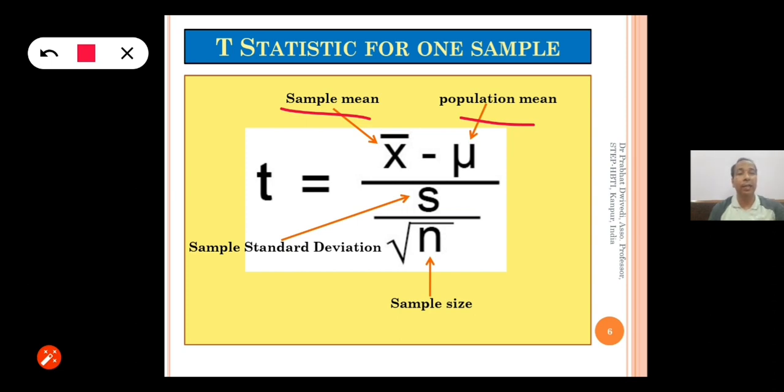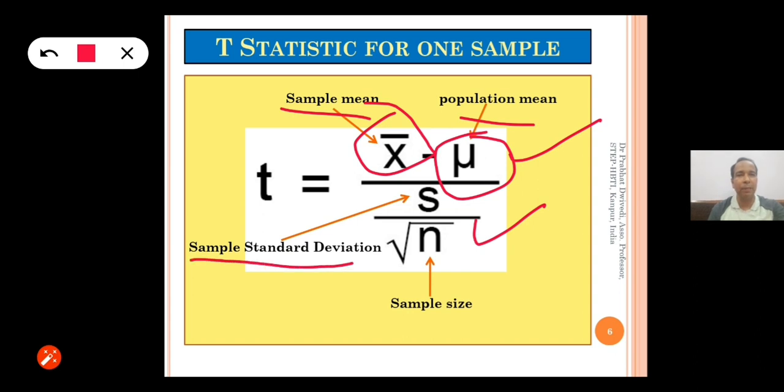So here in the numerator there is the difference between the sample mean, x bar, minus the population mean, mu, divided by the standard error, that is the sample standard deviation upon the square root of the sample size, root n. So I hope the terms in this test statistic are clear to you, learners. What are they?